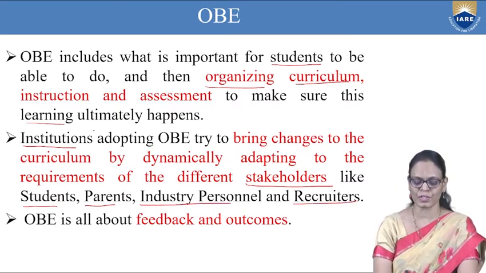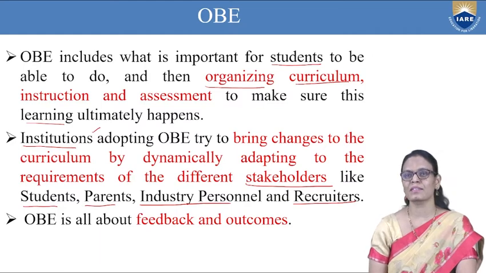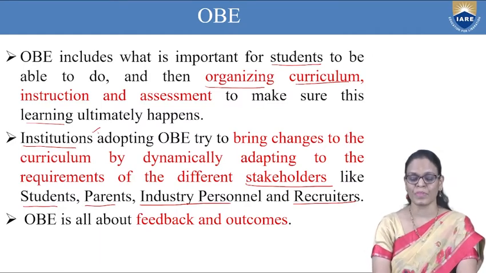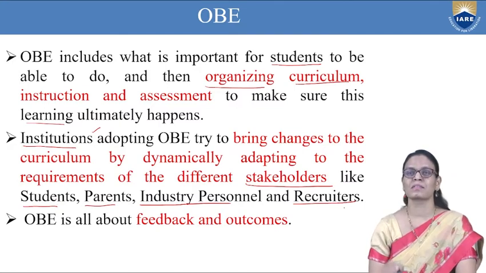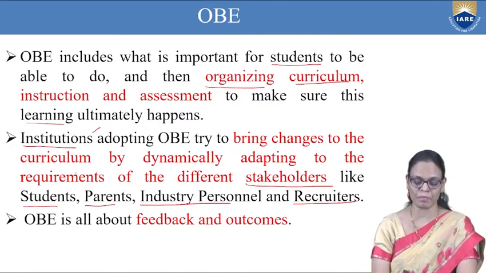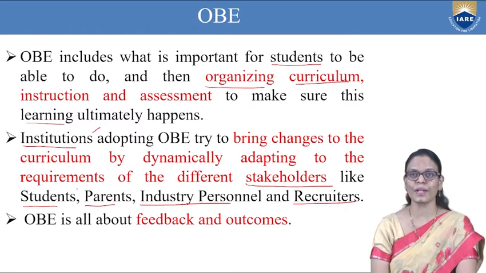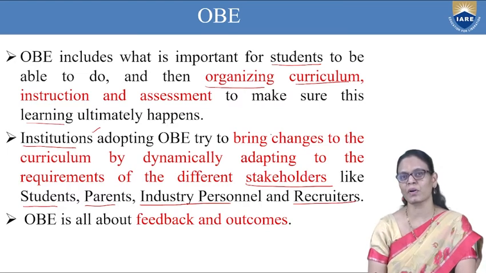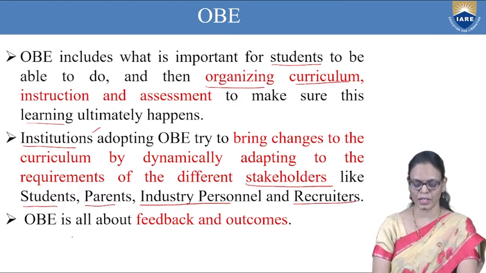So, for an institute, all these are stakeholders. They have to keep in mind the requirements of the students, parents, industry, and also the recruiters. At the framing of the curriculum stage itself, the institutes will take the inputs or the requirements of different stakeholders and accordingly bring changes in the curriculum.